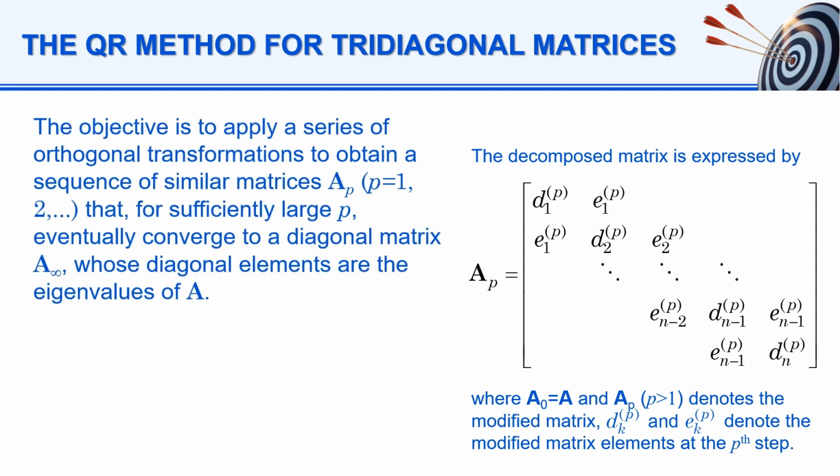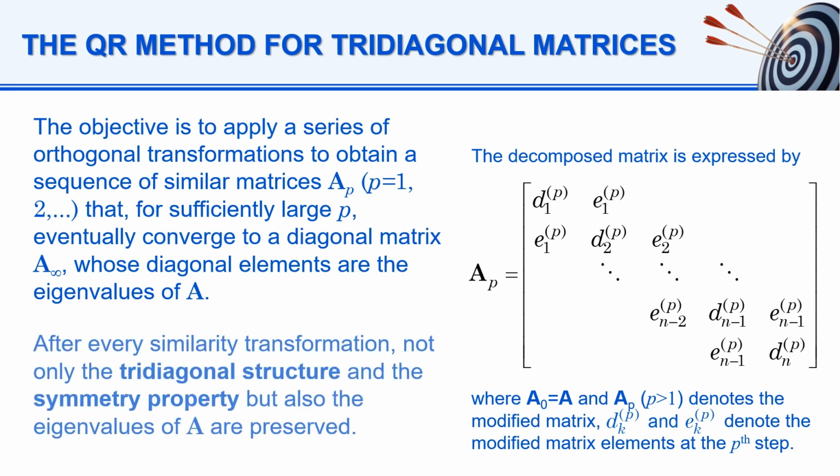The objective is to apply a series of orthogonal transformations to obtain a sequence of similar matrices A^p that, for sufficiently large p, eventually converge to a diagonal matrix A^infinity, whose diagonal elements are the eigenvalues of A. After every similarity transformation, not only the tridiagonal structure and the symmetry property, but also the eigenvalues of A are preserved.